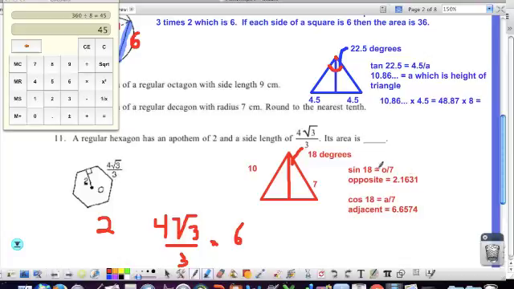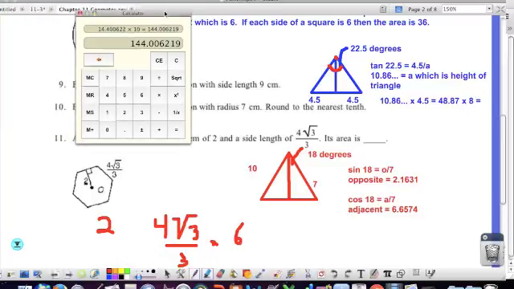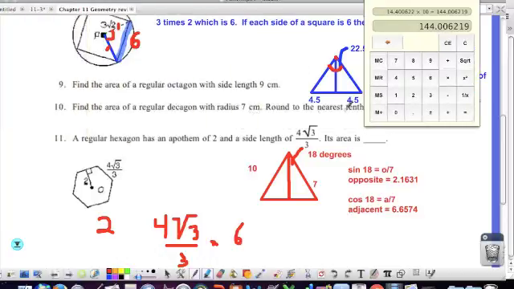So rather than multiplying this by 2, multiplying by the height, and then dividing by 2 again, I can just multiply these together. 2.1631, because that's already half of the base, times 6.6574, the height of the triangle. So 14.4 is the area of one triangle. Remember, it's a decagon. There's 10 congruent triangles, so a total of 144 units. This was actually centimeters.